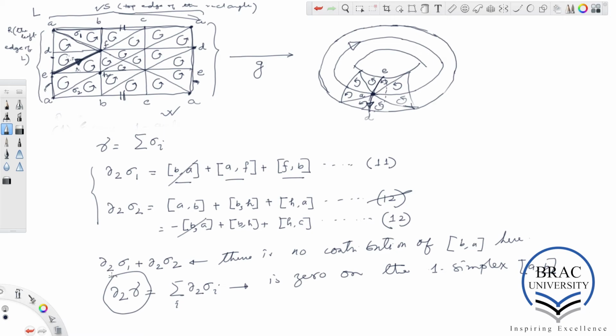Okay, good. And for all the one simplices belonging to the boundary, we at least checked for one of them, like AB. Similarly, one can check for BC. For BC, we have to take this two simplex and this two simplex, and do the same thing that we have done here.